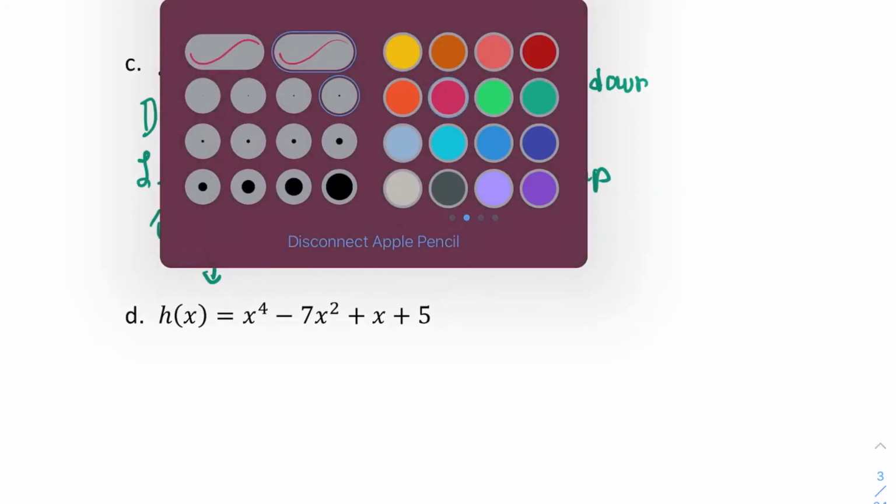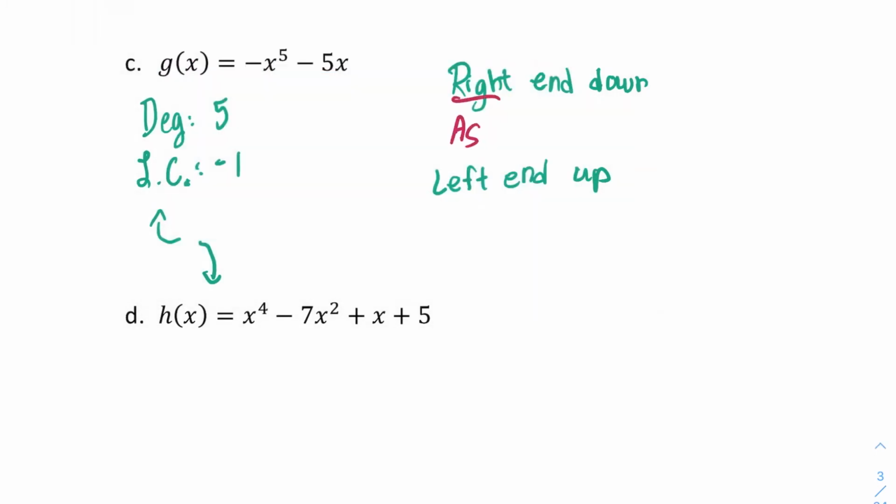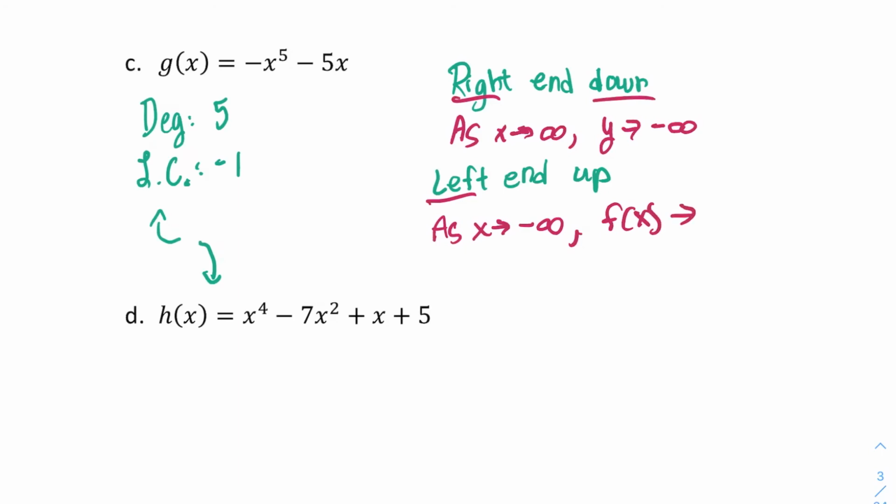I switched the order I wrote them in this time. So if I'm describing going towards the right, that means my x values are going towards positive infinity. And then to say that my y values are going down, they approach -infinity. On the left side, my x's are getting smaller. My y values are going upwards towards positive infinity.